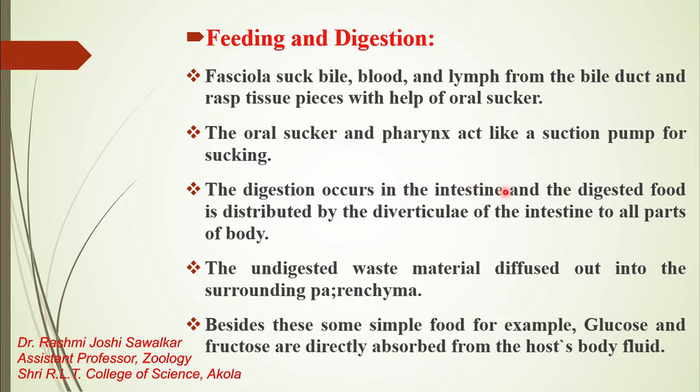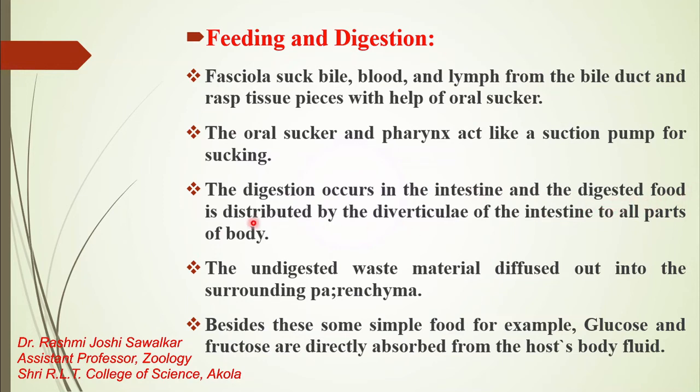After the food enters the esophagus, it is propelled into the two parts of the intestine, the bifurcated two limbs of the intestine. Here the complete digestion of food takes place.